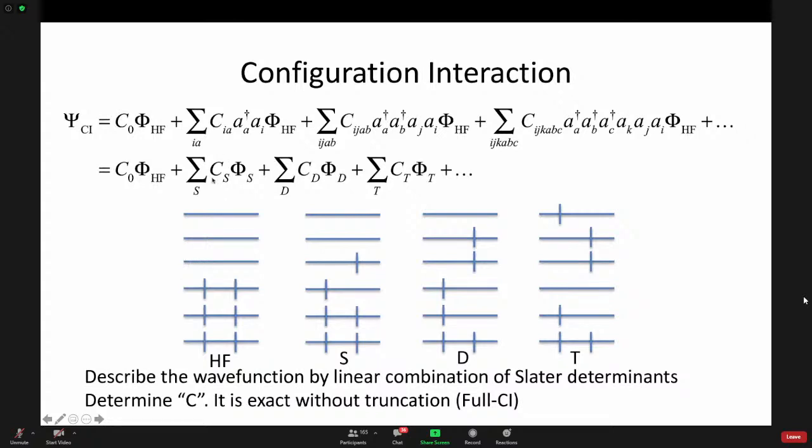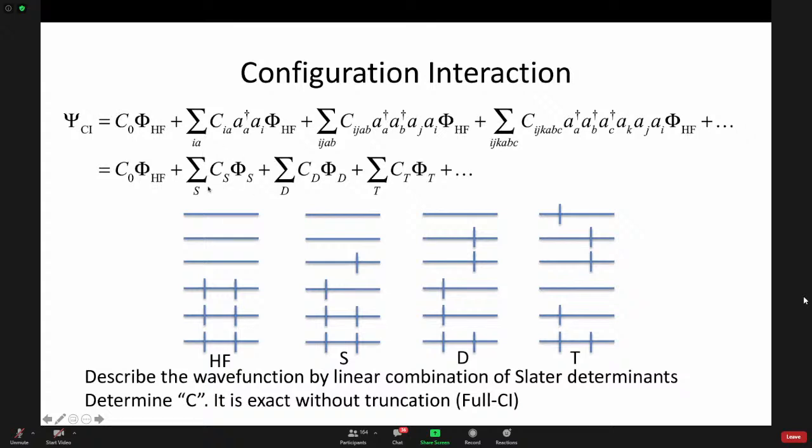And then we consider this term, which is the single excitation term. So there's one electron exciting. In this example, there's an excitation from this orbital to this orbital. Of course, there's from this to this, and all sorts of others, but they're all single excitation terms.